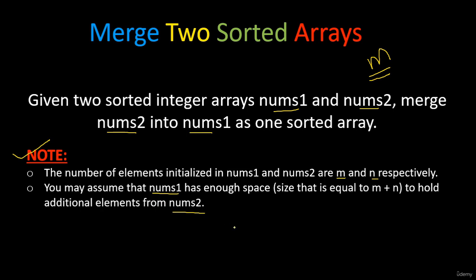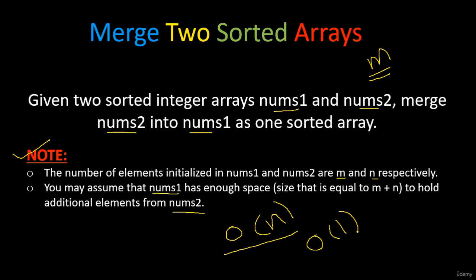And the constraint to this problem is that we cannot create a new array. We have to merge nums2 array into nums1 as one sorted array. And we have to solve this problem in linear time complexity and in constant space complexity.